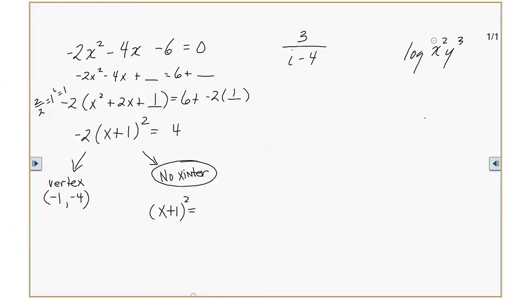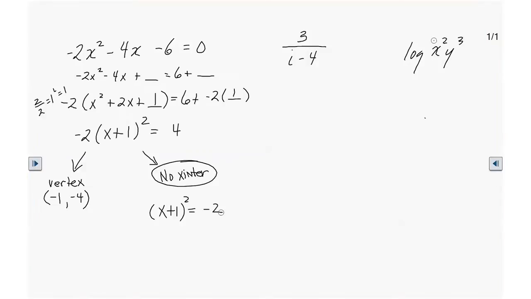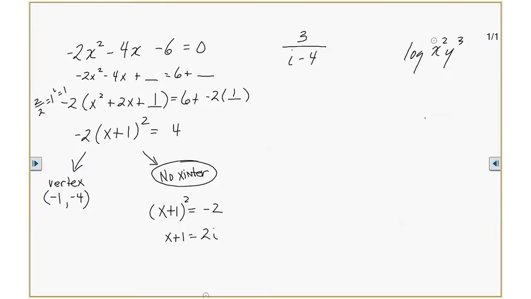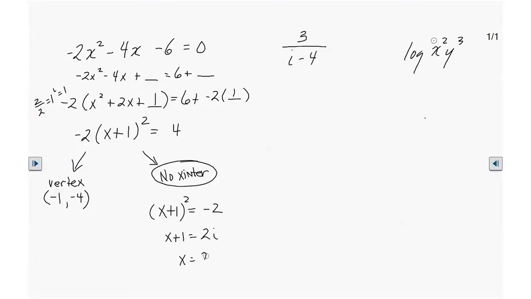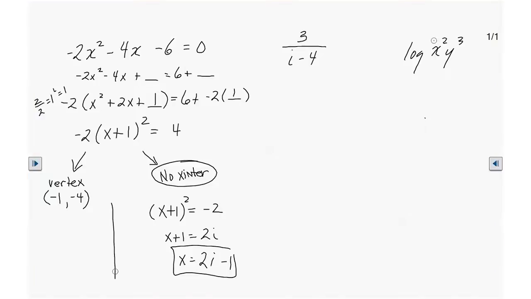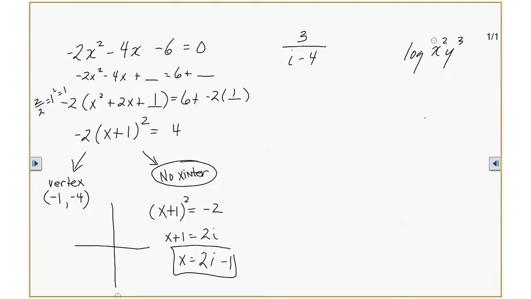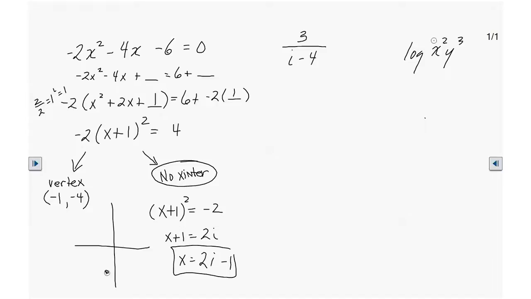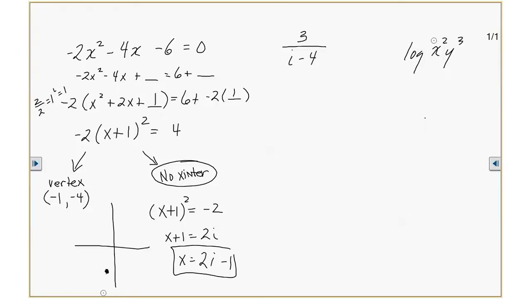Negative 8. I'm sorry. Negative 2. Y'all check me. Negative 1, negative 4. Y-intercept is negative 6.